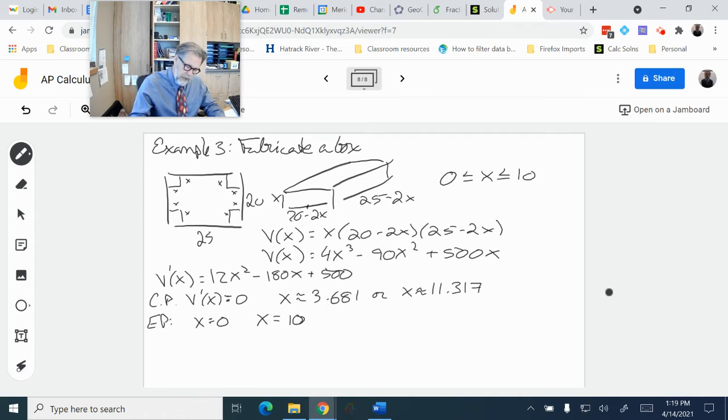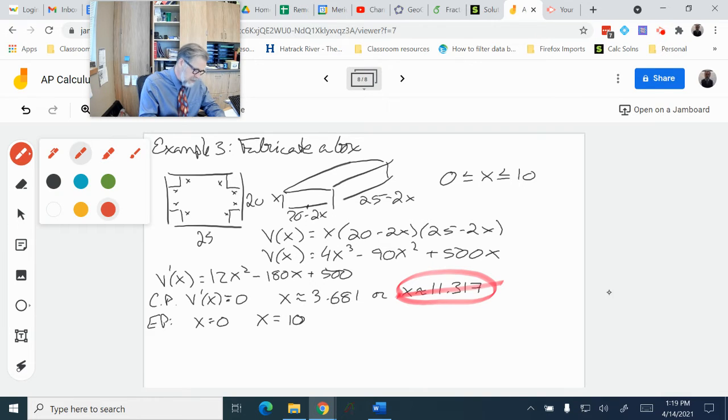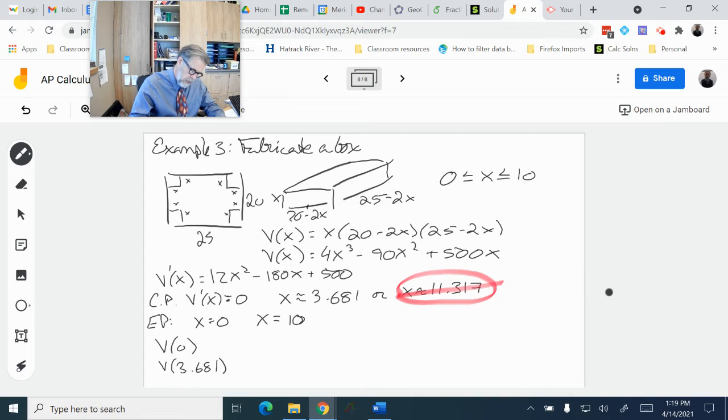Well, one thing I might notice is that that right there is not in the domain of my function, so I can cross it off. So therefore, my choices are the volume at x equals 0, the volume at x equals 3.681, and the volume at x equals 10.